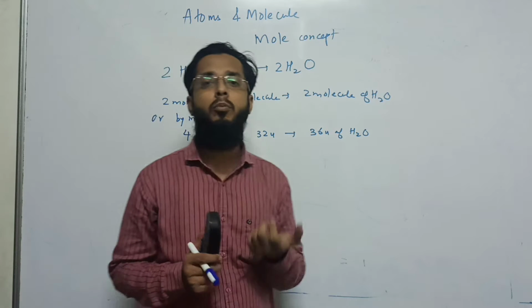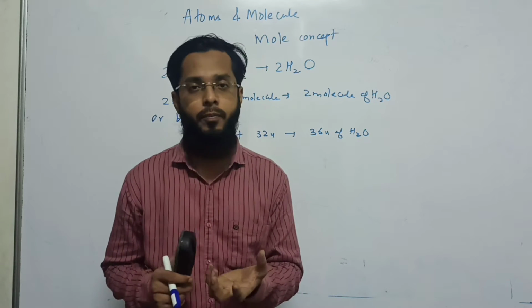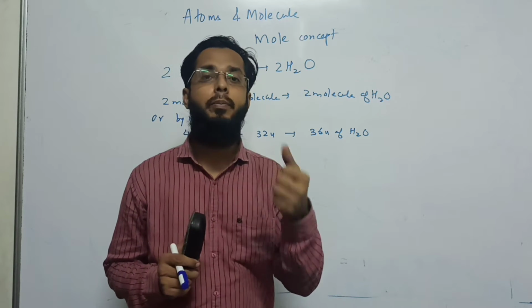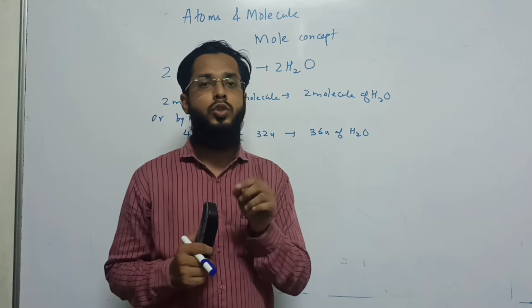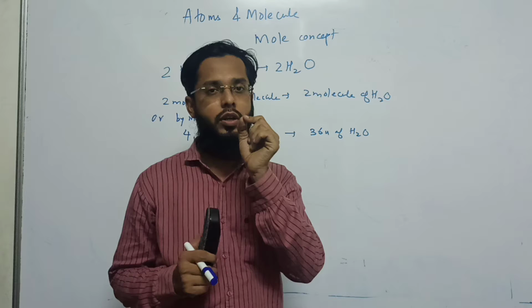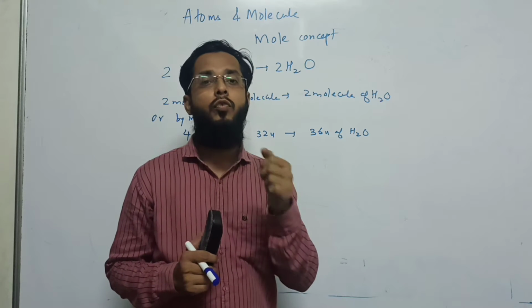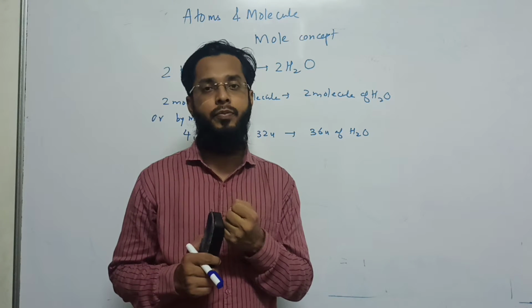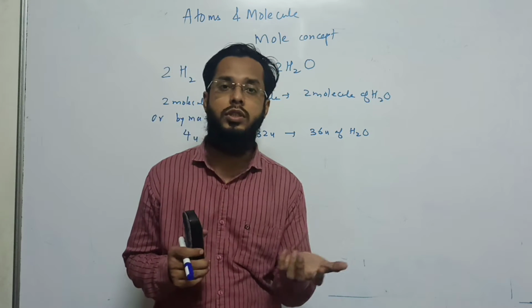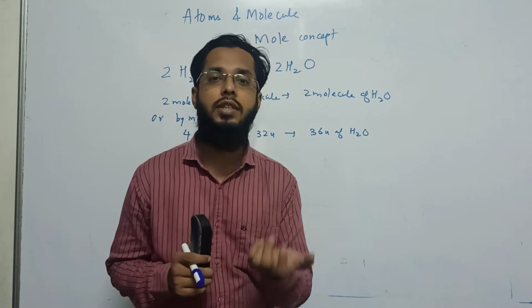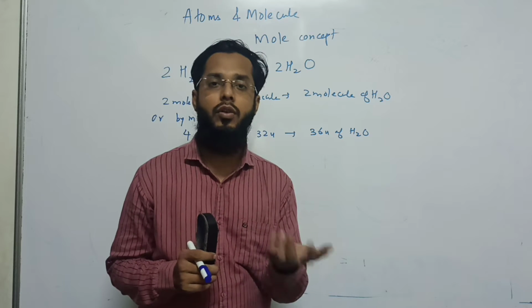Now, as we know, molecules and atoms are so small, so there should be a big quantity, like for example sugar. Sugar crystals are small. We don't measure one single crystal, we measure 1 kg of sugar. In the same way, for fruits there is a quantity known as a dozen. 1 dozen means 12.